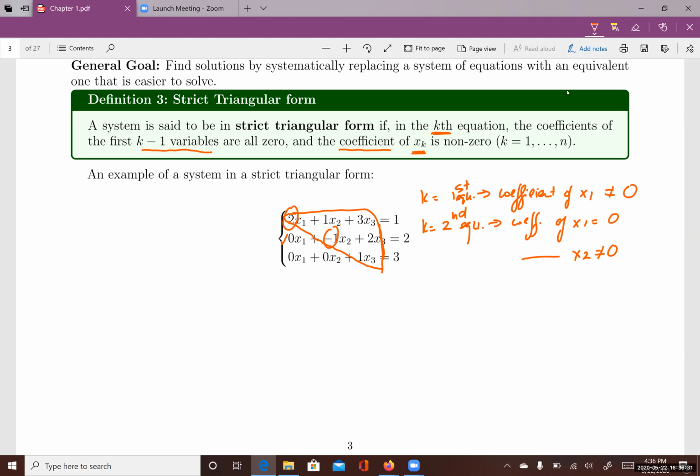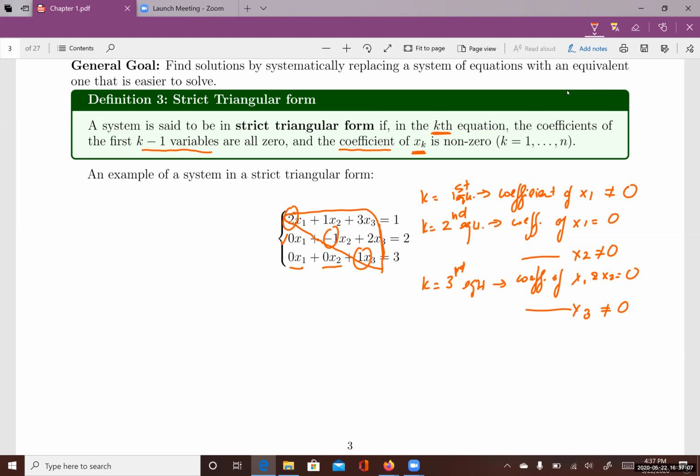Again, for the third equation, when k equals 3, the coefficients of x1 and x2 should be 0, and the coefficient of x3 is not 0. So if your system satisfies all of these conditions, then your system is in strict triangular form.